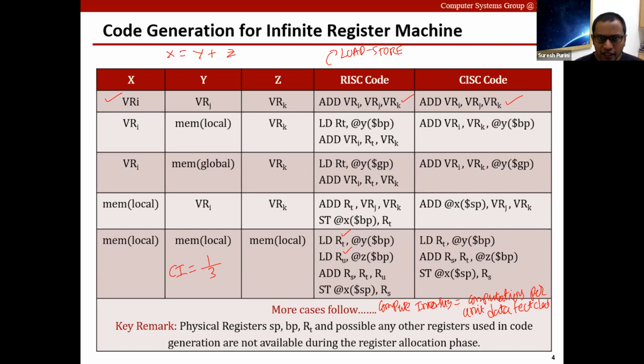Our goal in the code generation and register allocation in general in the backend of the compiler is to generate code in such a way that the number of times the processor has to go to main memory and fetch the data gets minimized. And if you actually think about it, there is the CPU and then there is a cache.